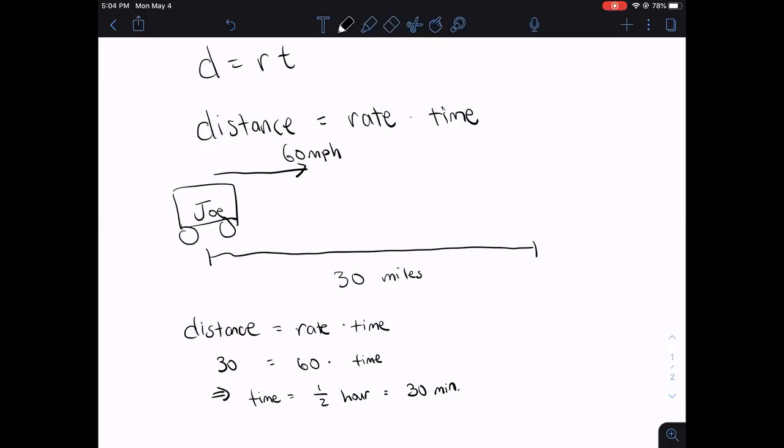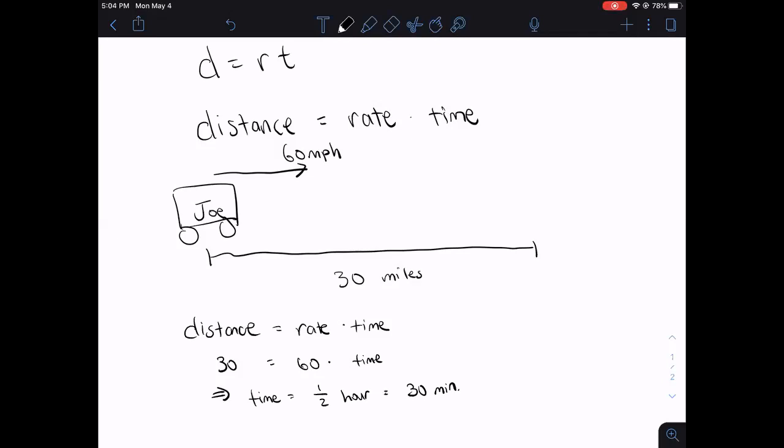The rate that he's traveling is 60 miles per hour. So in an hour, Joe would travel 60 miles. And it would just make sense for 30 miles, which is half that distance, to take half the time. So it's half an hour.